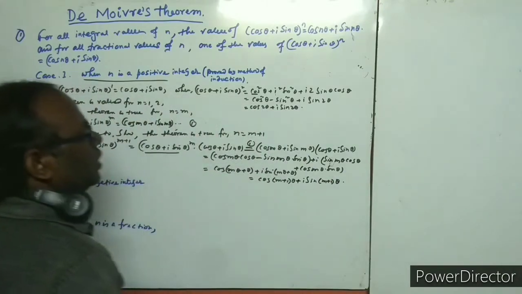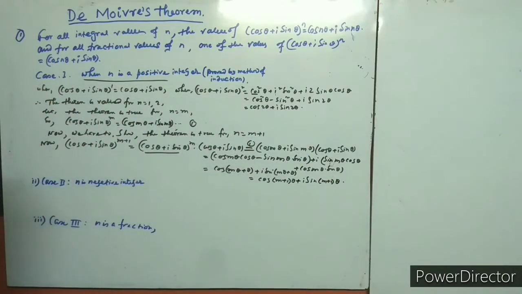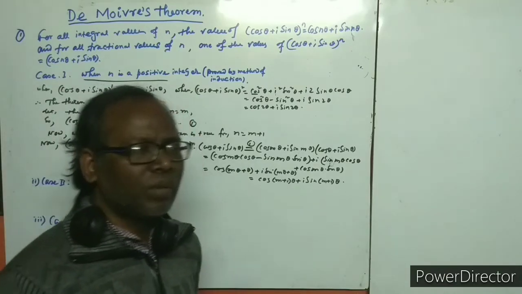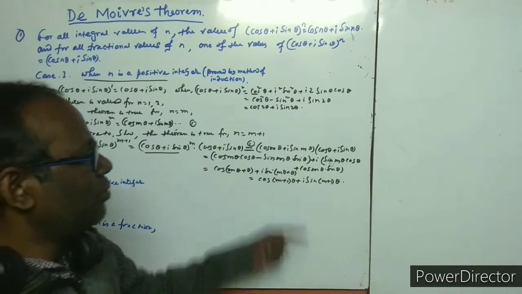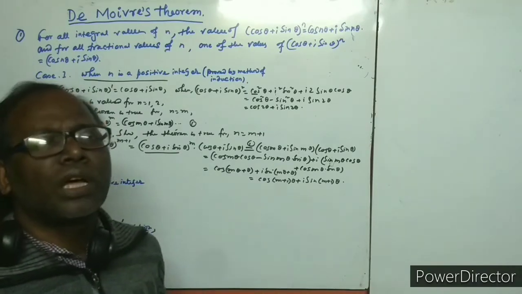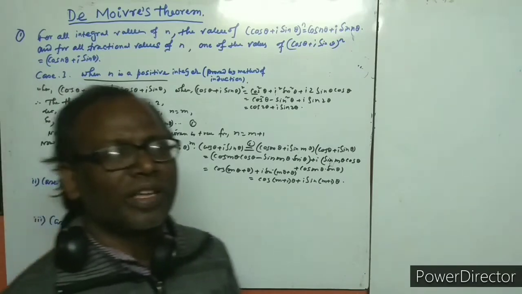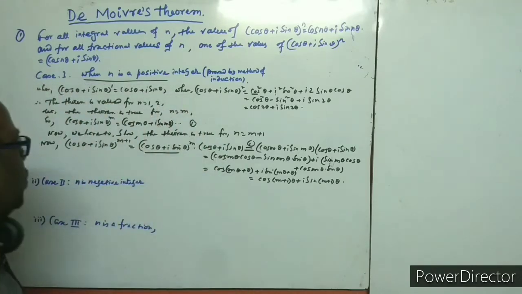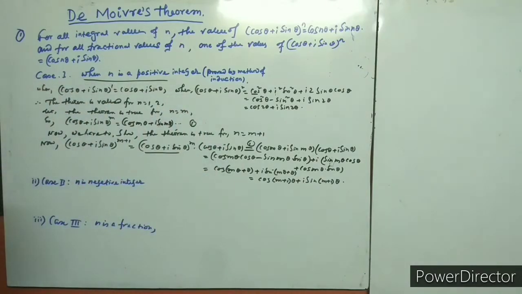Okay, this is true here. So we have shown that when the theorem is true for m, then it is also true for m plus 1. If true for 1, then it is true for 2; if true for 2, then it is true for 2 plus 1, that is 3. So for positive integers it is proved here.